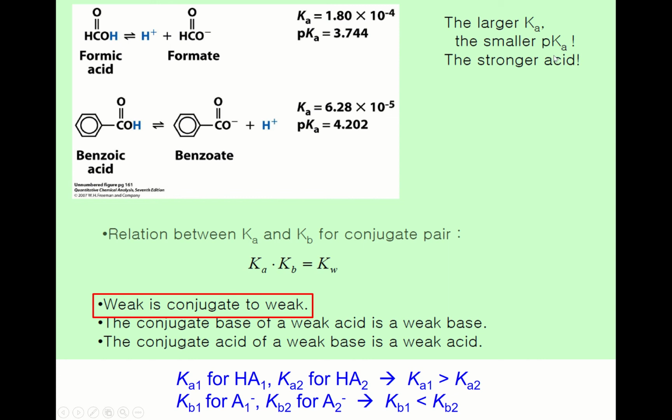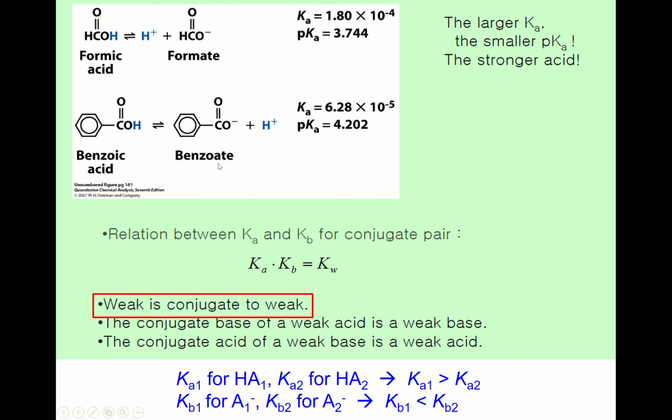And you see, this is a weak acid, and after dissociation this is the conjugate base of this weak acid. Then we can write Kb for this formate.